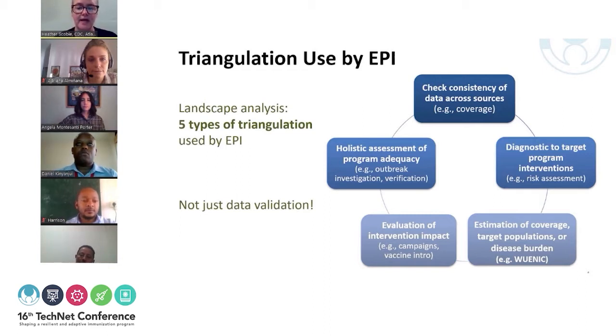A second was as a diagnostic to target program interventions like a risk assessment. Another was estimation of coverage, target populations, or disease burden. You may be familiar with the example of the WUENIC estimates of coverage. But the point is that it's not just data validation.